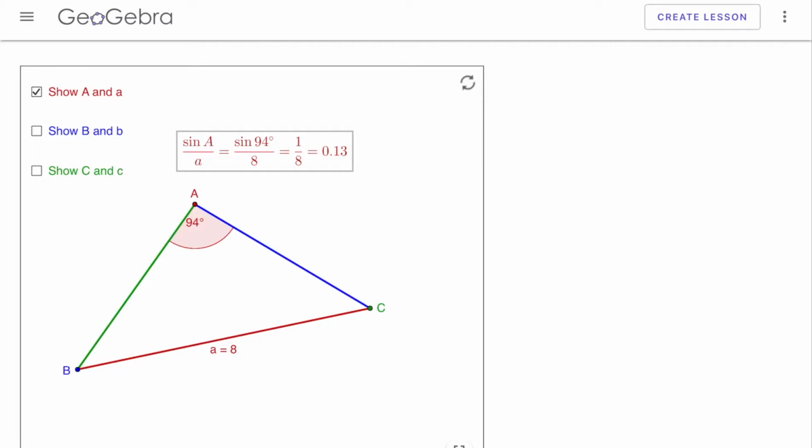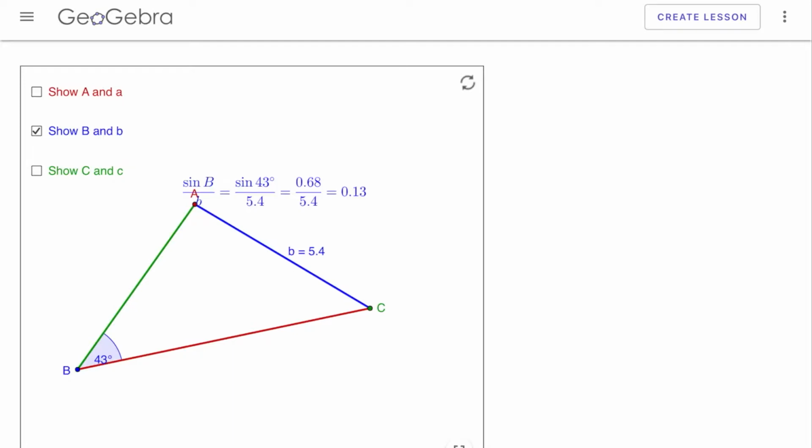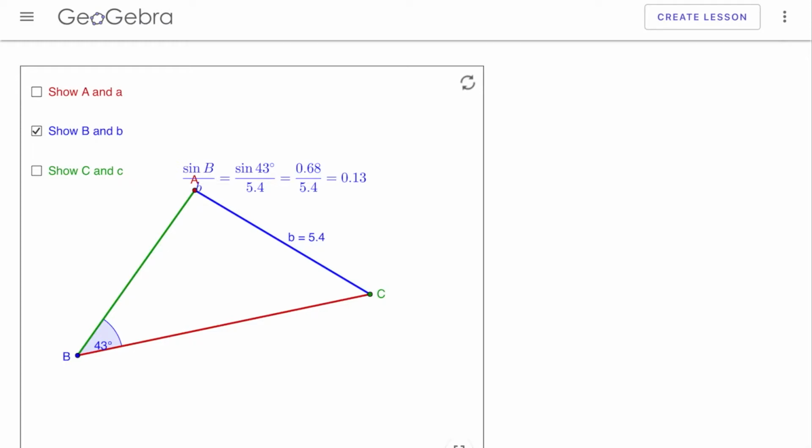Notice for B, if I were to take the sine of B, which is 43 degrees, and divide it by side b, which is 5.4, I would also get 0.13. Let's take a look at C right here. If I were to take the sine of C, which is also 43 degrees, and divide it by side c, which is 5.5, I would also get 0.13.